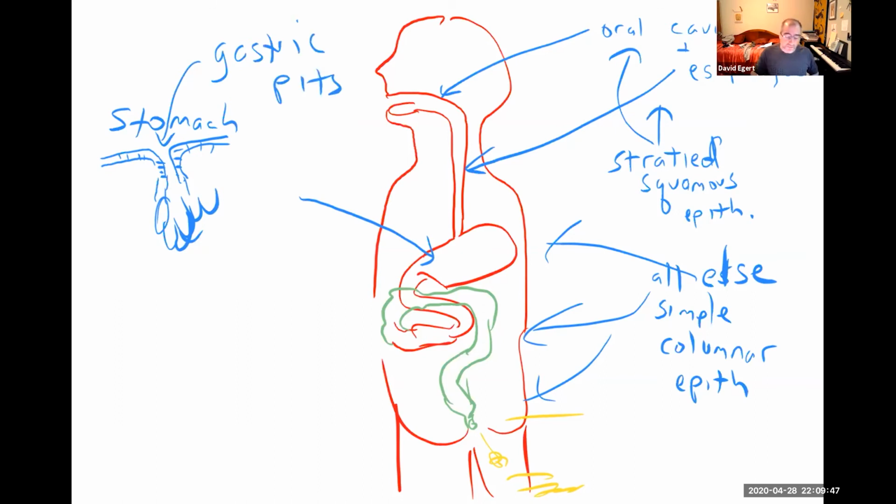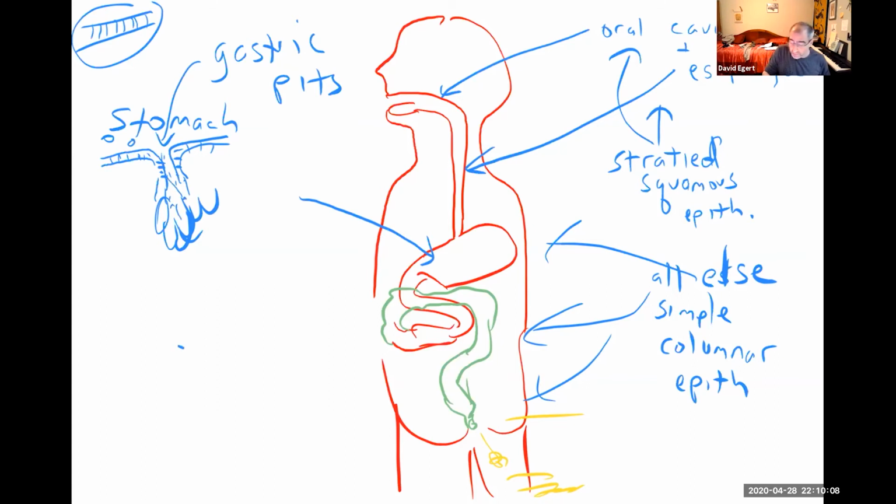So if you look at the lumen, it's not just a flat line. Like if I think of simple columnar, it's not just like that. Here we have the simple columnar going down, creating these pits where there are glands making gastric juices coming up.